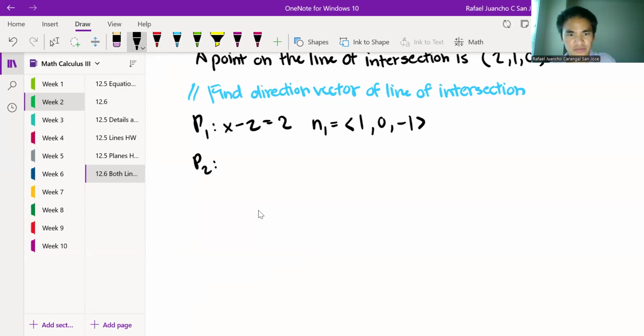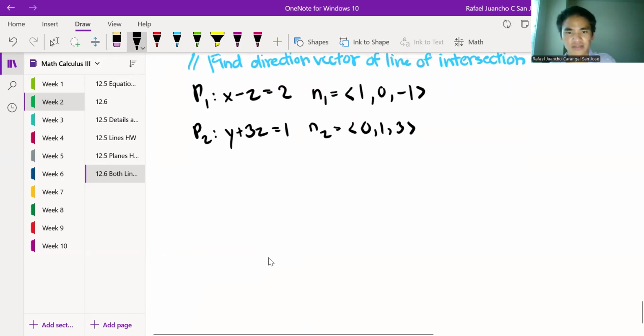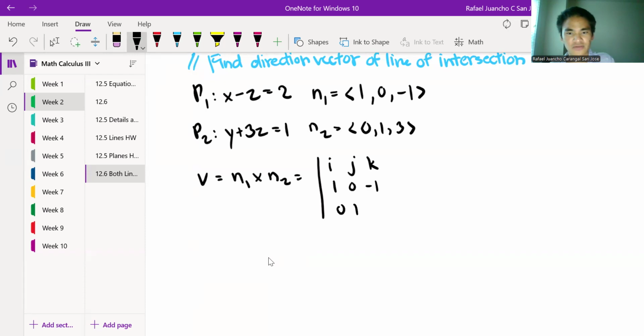Now for plane 2, we have y plus 3z is 1, and so our n2 is 0 for x, 1 for y, 3 for z. Now we get some sort of cross product here. Let's just say that's a v. 1, 0, negative 1, 0, 1, 3.